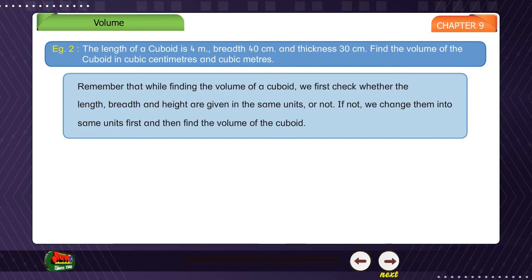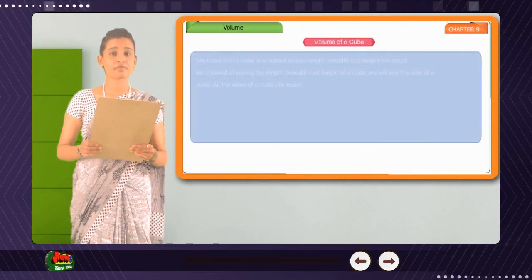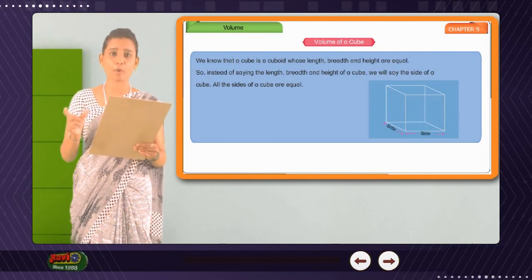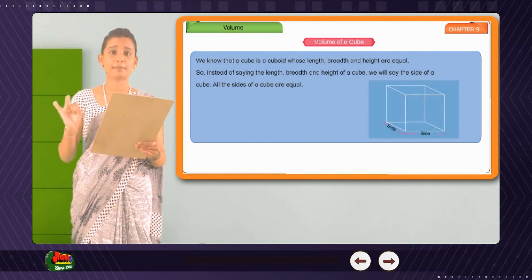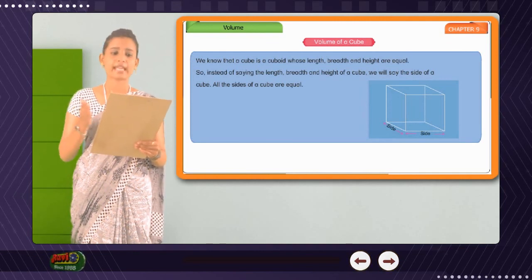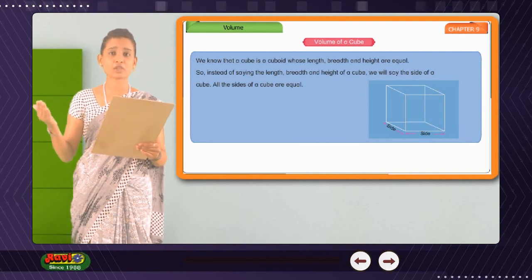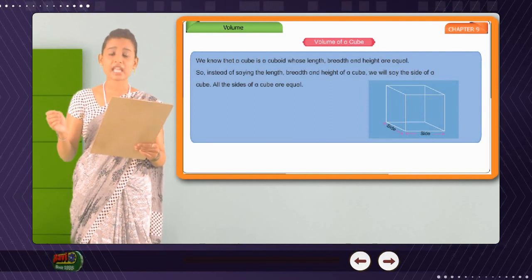Volume of a cube. We know that a cube is a cuboid whose length, breadth and height are equal. So, instead of saying the length, breadth and height of a cube, we will say the side of a cube.